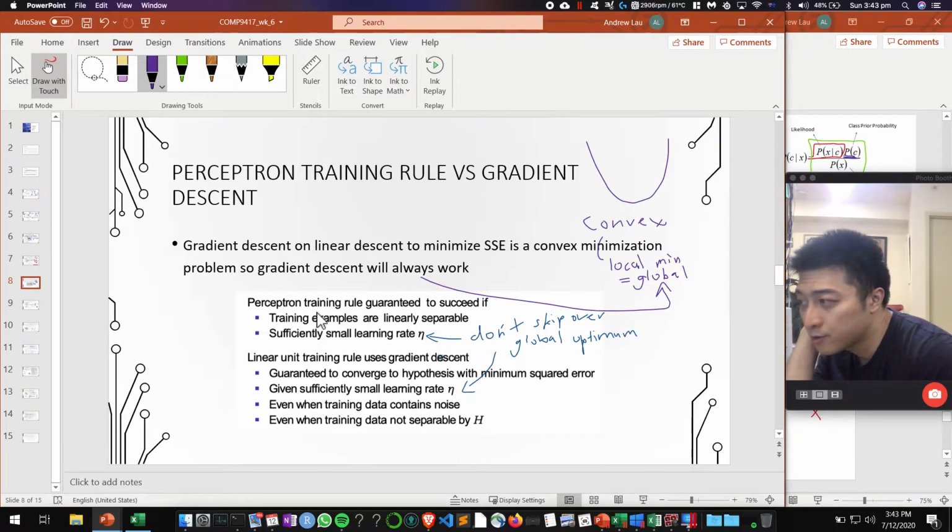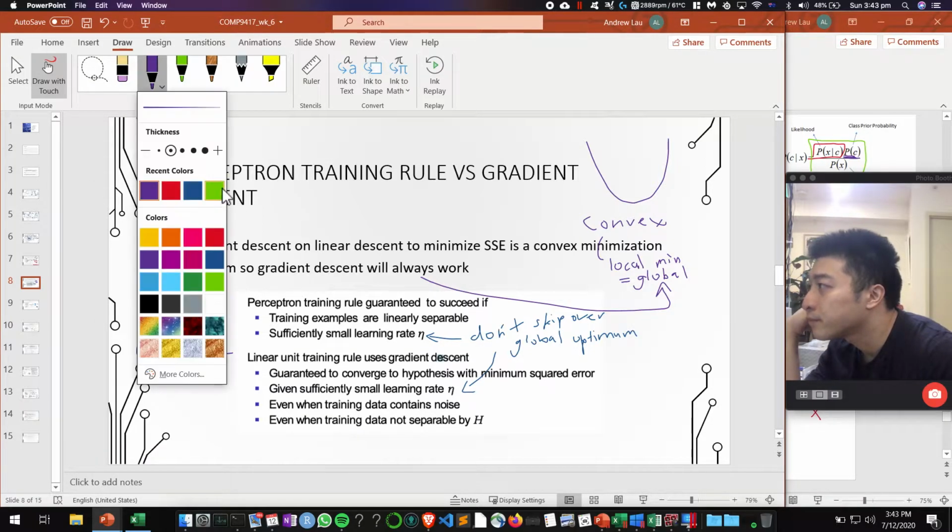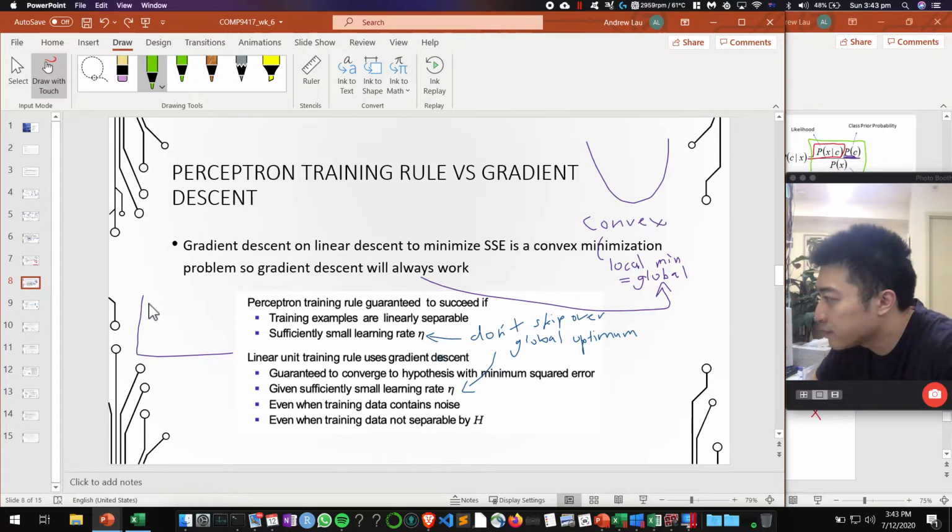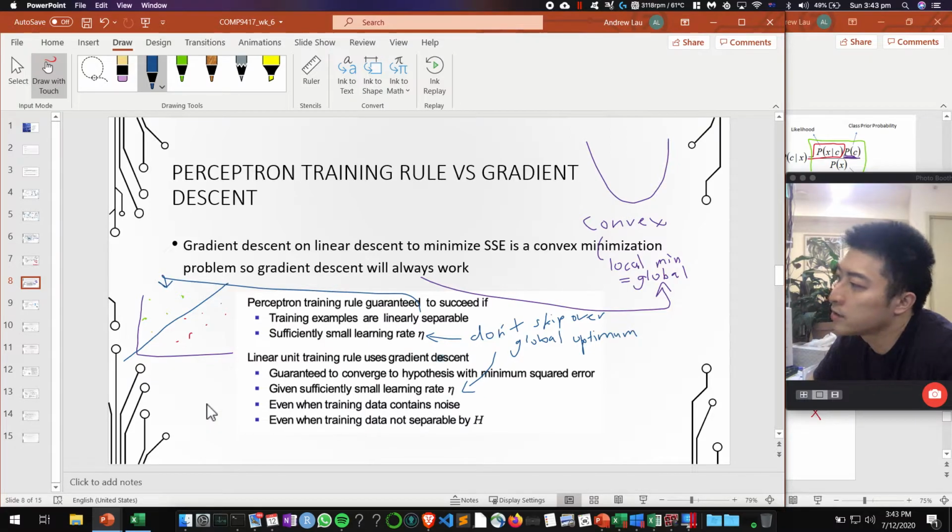Now, the Perceptron learning rule is guaranteed to succeed only if the training examples are linearly separable. By linearly separable, what we mean is something like this. Let's say you have training examples here. This is linearly separable because you can draw a straight line between them and perfectly divide the two classes.